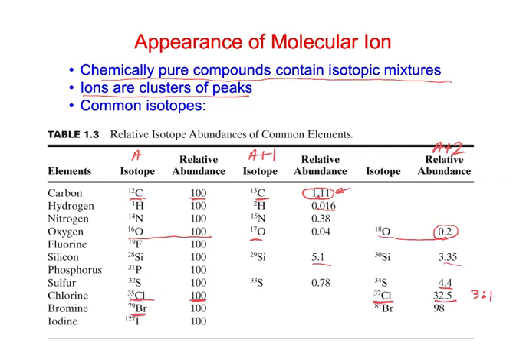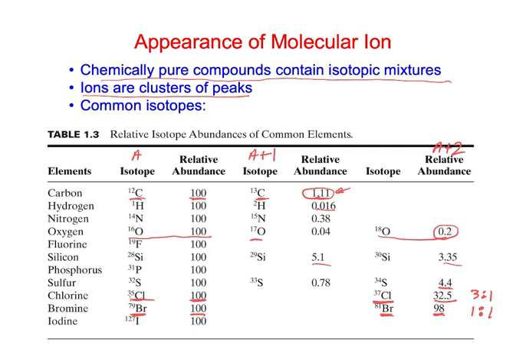And bromine, right, has 79 and 81, and they are almost in a 1-to-1 ratio. Okay, so in these cases, we can clearly see these two ions. And we'll look at some examples now that will show us the presence of those atoms in the molecule.